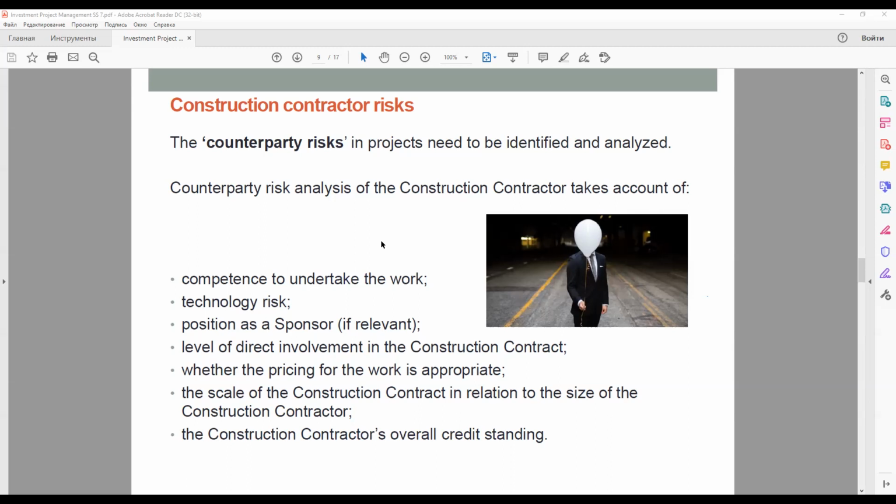Then the problem of limited involvement in the contract. A construction contractor normally subcontracts a significant part of the contract. For example, a lead contractor whose primary business is that of equipment supply will normally subcontract the civil works to the subcontractors.